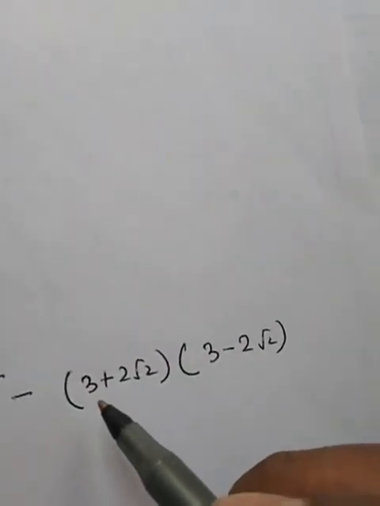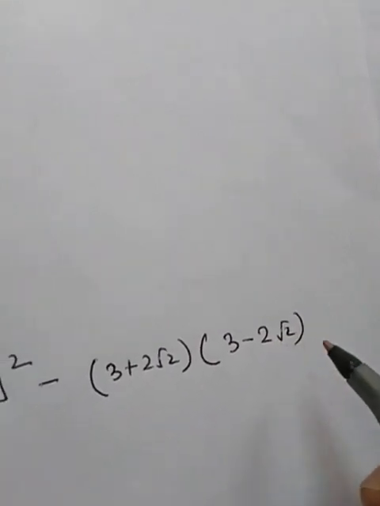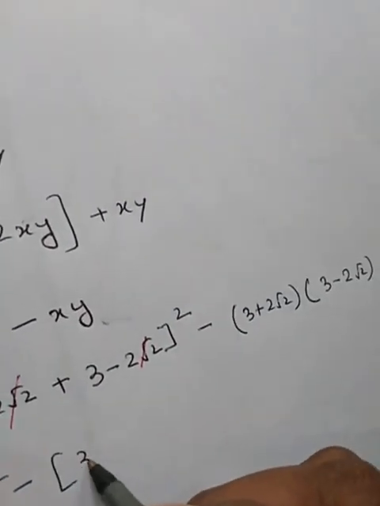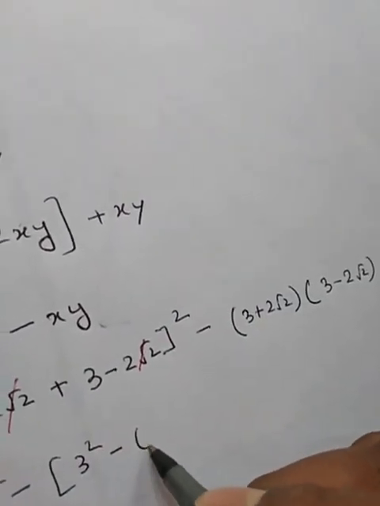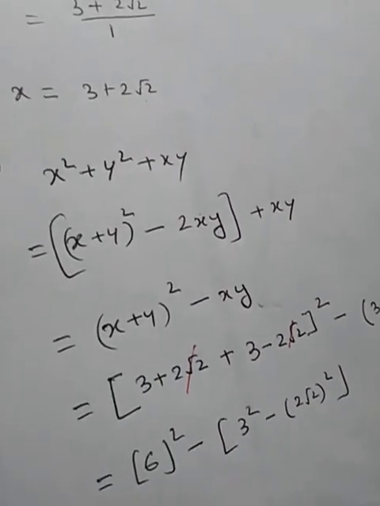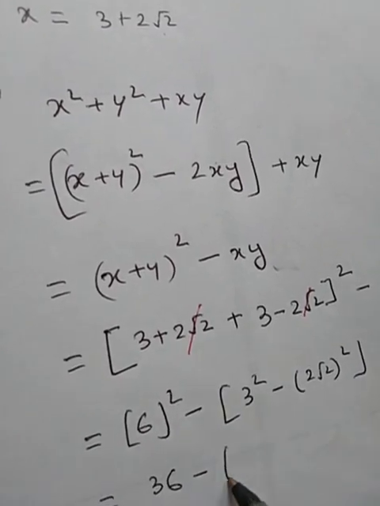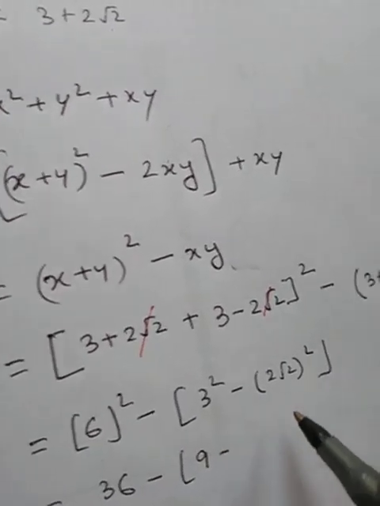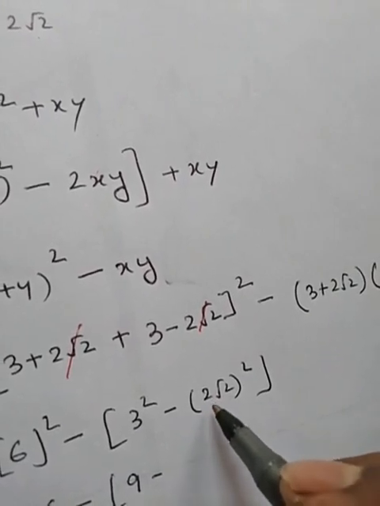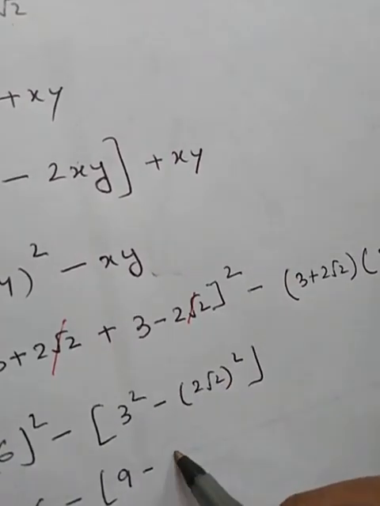Here we can use the a plus b into a minus b identity. So it will become a square minus b square. So 6 square is 36 minus 3 square is 9 minus 2 root 2 square. Means 2 square is 4 into root 2 square is 2, so 4 2s are 8.